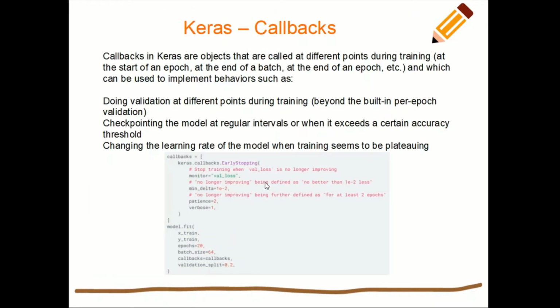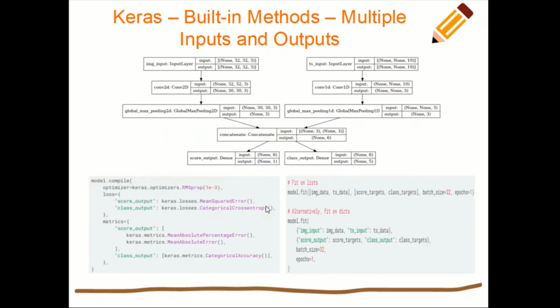Here we will digress a little bit into the Keras callbacks. We had a discussion about the TensorBoard callback earlier, but here we will discuss two different callbacks. One of the callbacks is early stopping, and the reason for discussing the callbacks is because it is part of the model.fit.